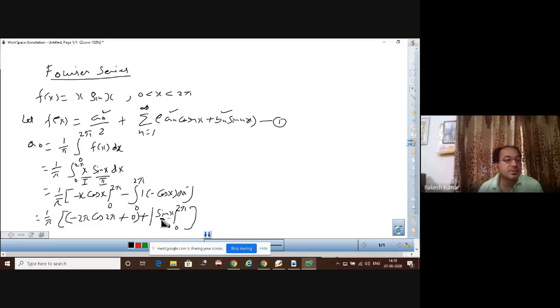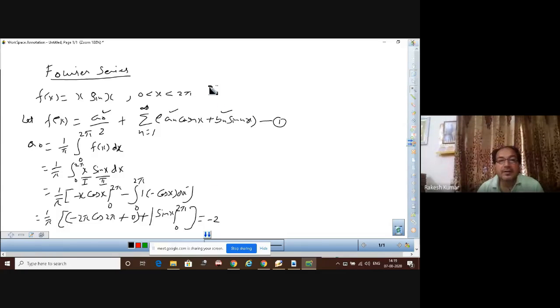Sin 0 is 0. Now you just see, cos 2 pi is positive 1, and the pi can be cancelled with this pi. Ultimately, it comes out to be minus 2. So this is the value of the first Euler constant.